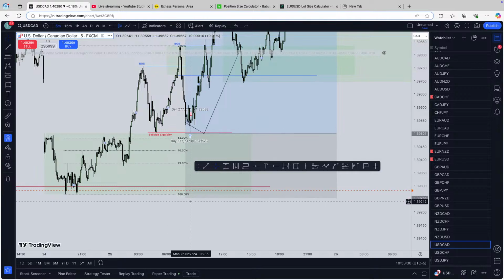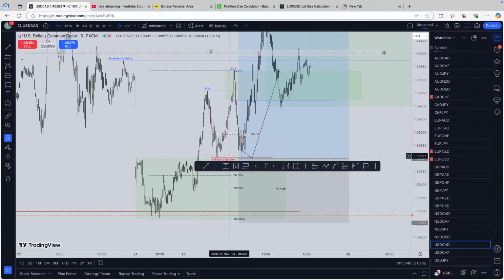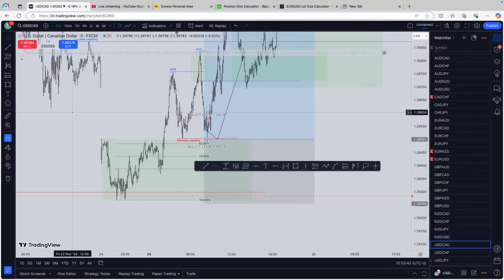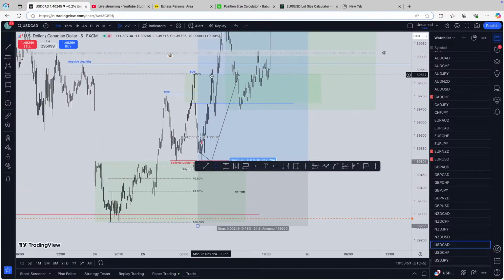My stop loss was always going to be here and my entry was always going to be here as well. So why did I become so rigid with my thoughts, when it was just an offset of around this much? So 3.6 pips, I missed it on this much move.